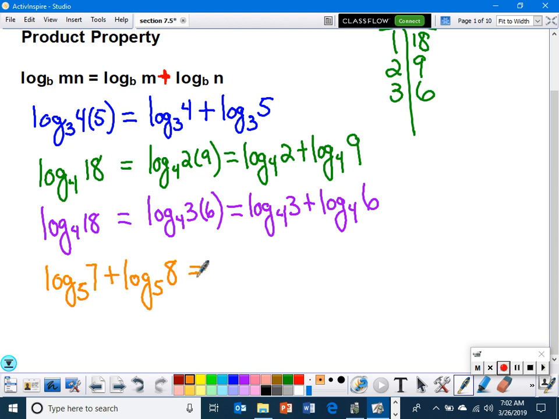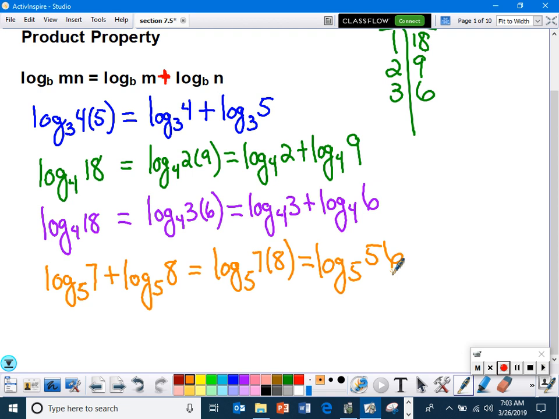Going backwards, I can pull these together and say log base 5 of 7 times 8. And then I could go one step further and say log base 5 of, well, 7 times 8 is 56. So that again is the product property for logarithms.